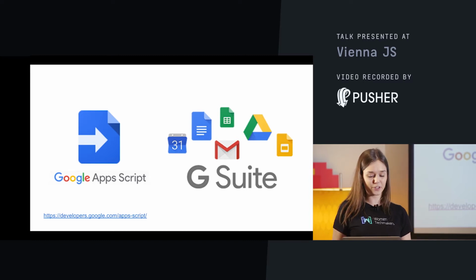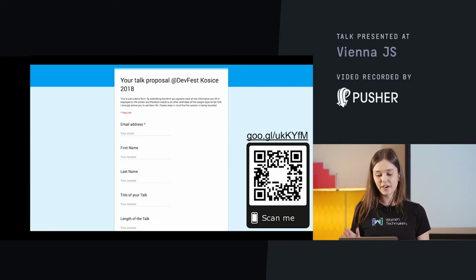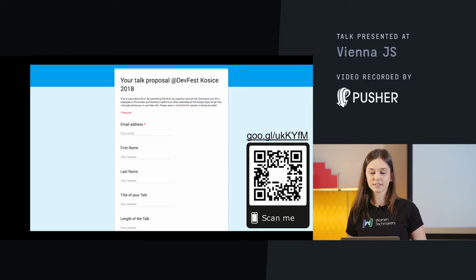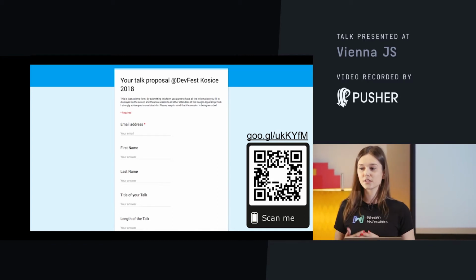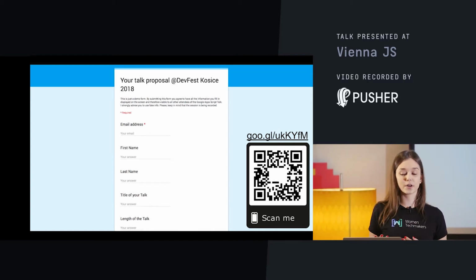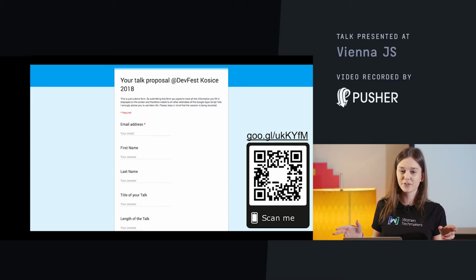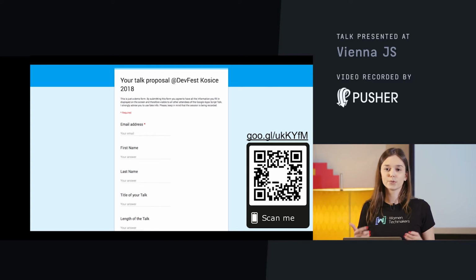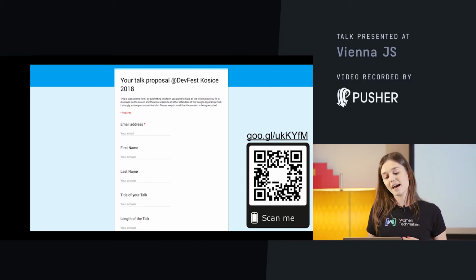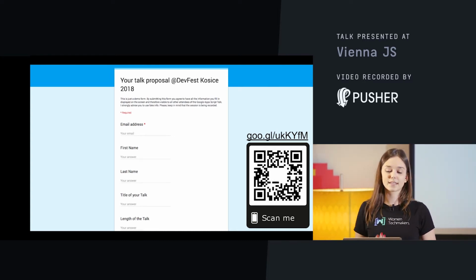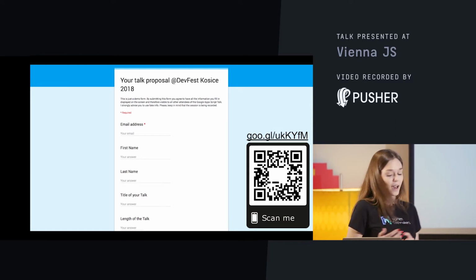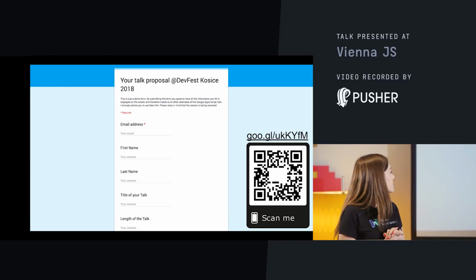Okay, so first, I would like to invite you to follow this link or scan this code in order to make this session more interactive, because I would like to make a role play with you where you're going to be the speakers applying for my conference. And I'm the organizer who checks the talk proposals and decides which talk is going to be accepted and which not. So this is very short.